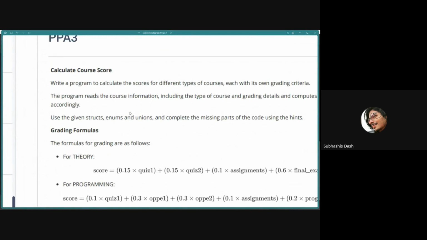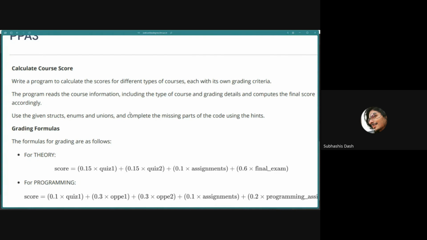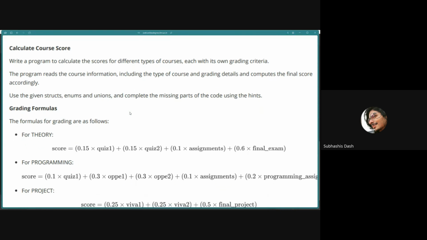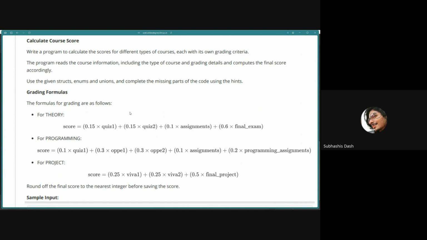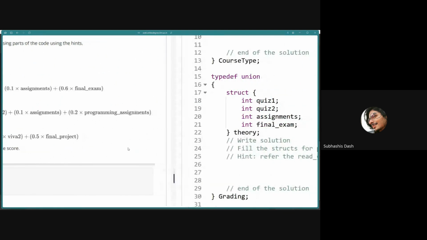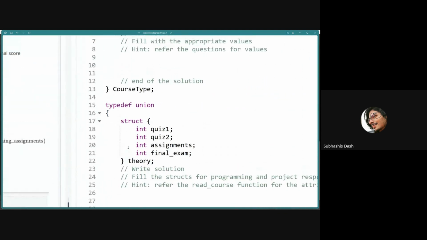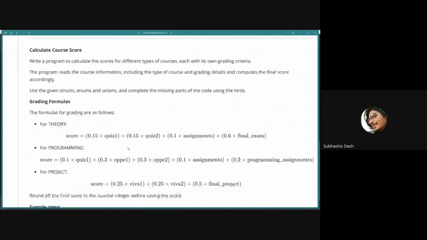Write a program to calculate the scores for different types of courses, each with its own grading criteria. Theory, programming, and project courses. Okay. So one by one, let's just analyze the situation.